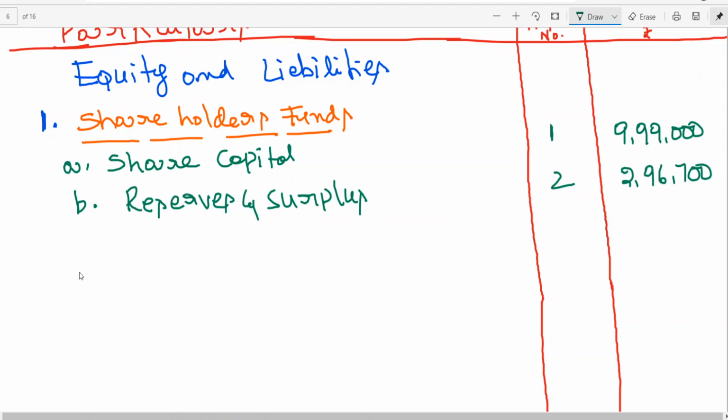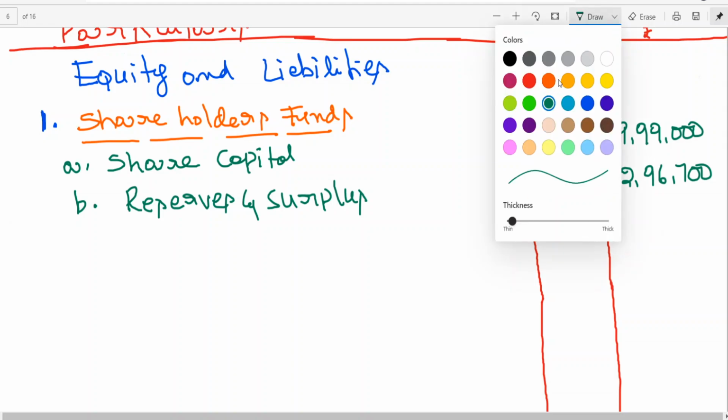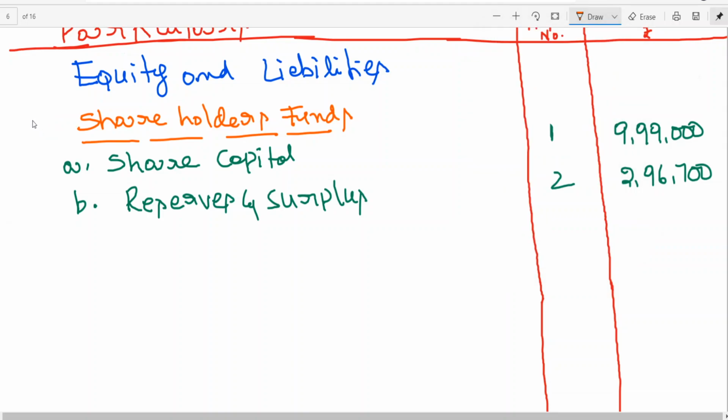So this is completed. Now the second one. See the other format, share warrant, amount received on share warrant is not required.